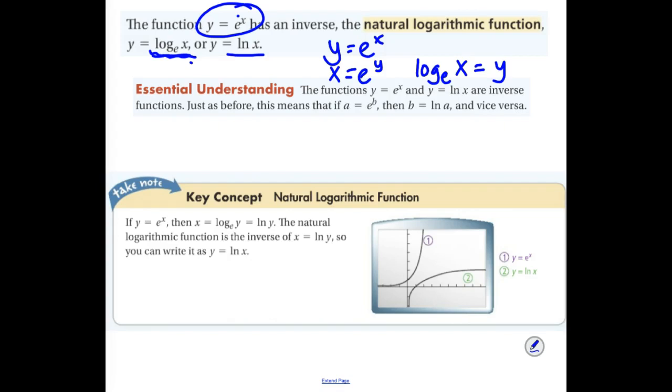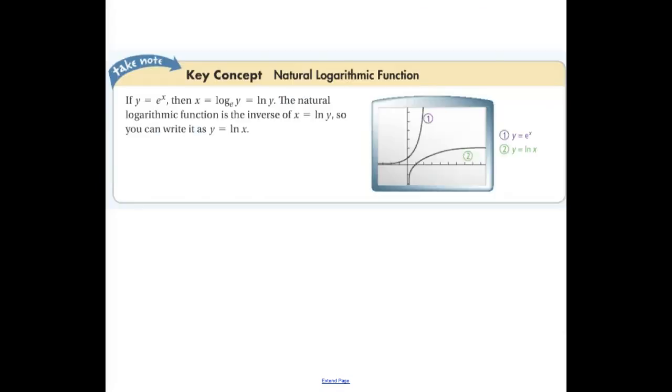Okay? When we look at the graphs, this is our exponential graph, y equals e to the x. And this one here is our natural log graph. We've talked about inverses before, being reflections over that diagonal y equals x, right?